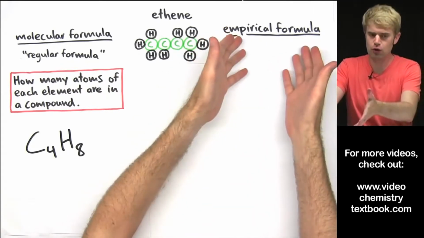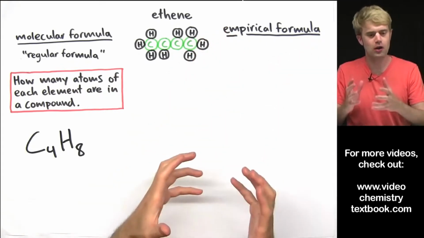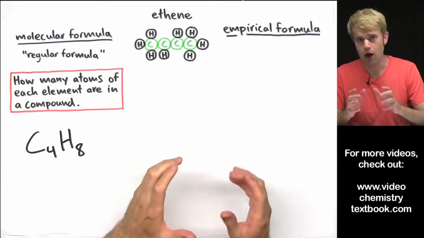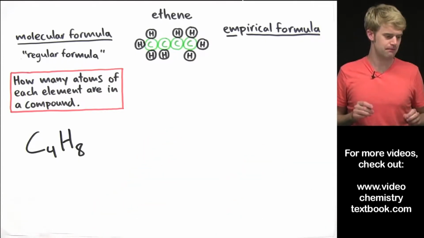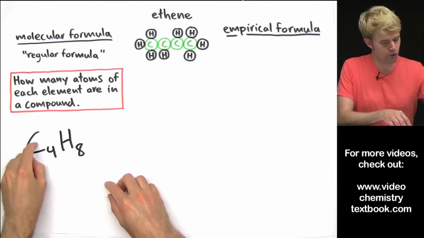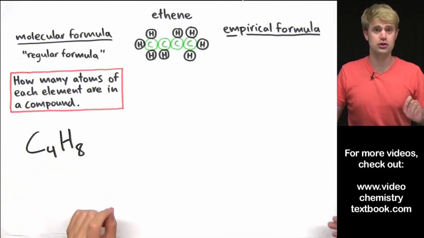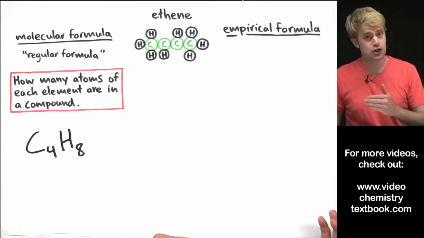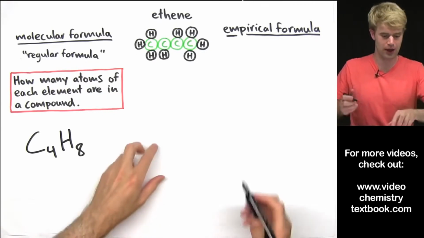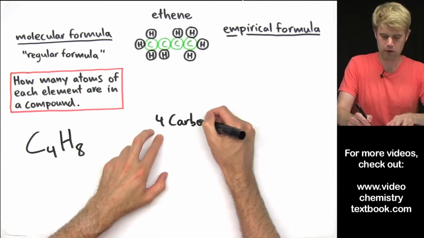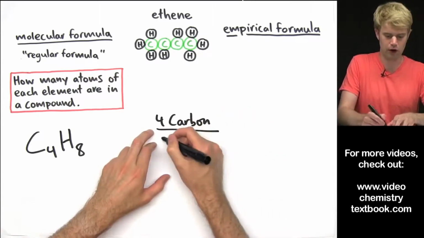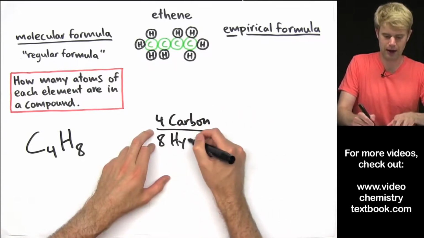Now, empirical formula over here is all about the ratio of different types of atoms in a compound. Okay? So here we have 4 carbons and 8 hydrogens. Let's write this as a fraction or as a ratio. So we got 4 carbon over 8 hydrogen.